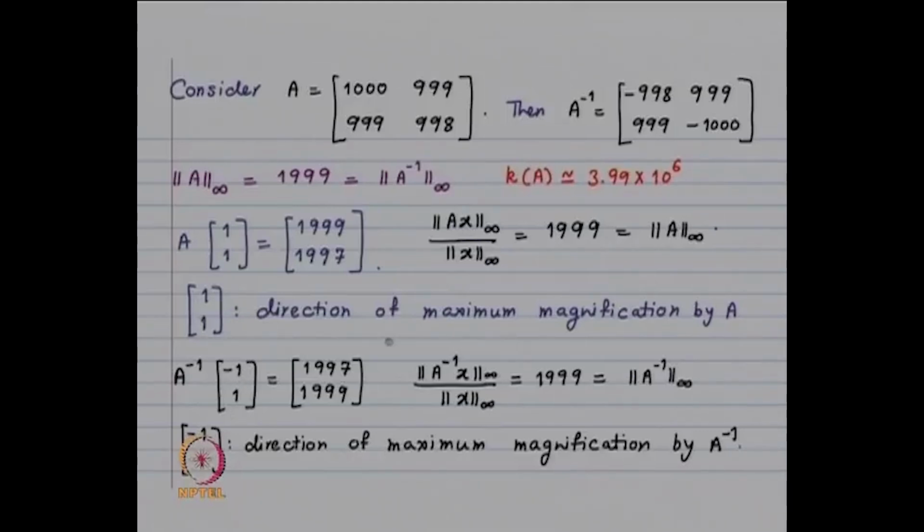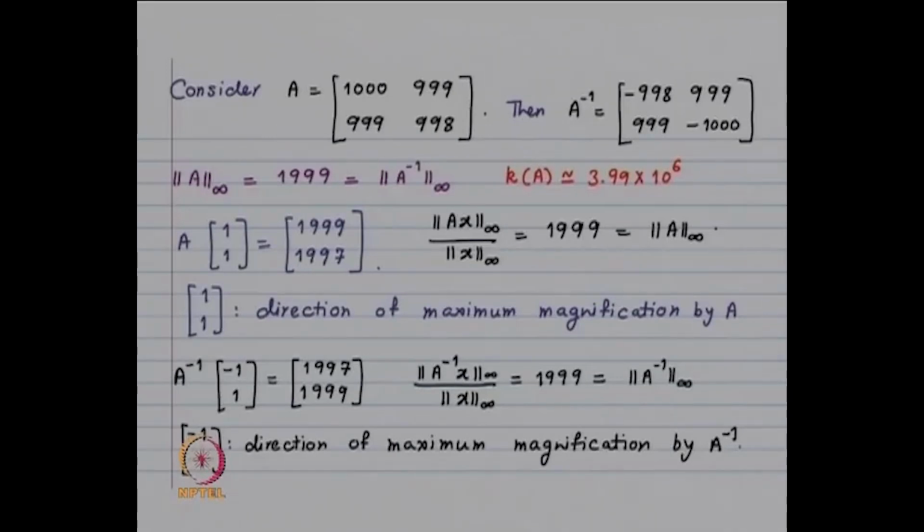So, 1 is direction of maximum magnification by A, and this 1997 and 1999, this is going to be direction of minimum magnification by A inverse.